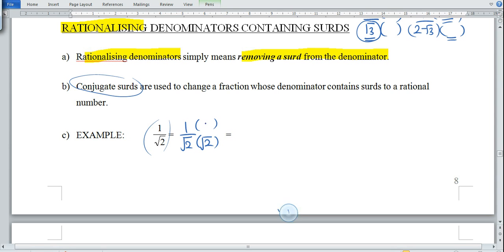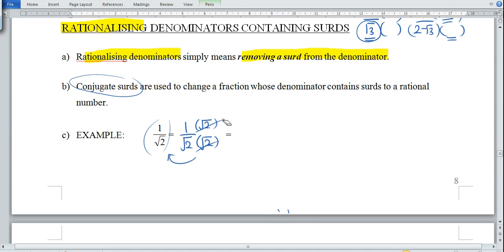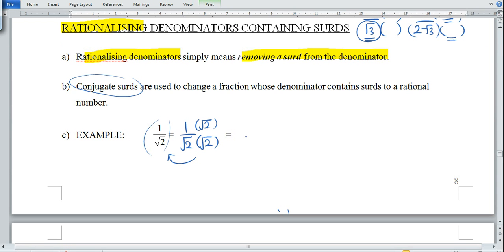So I have to multiply both the numerator and the denominator, so that if I cancel them, it will go back to the question. So my denominator will become square root 2 times square root 2, which is 2, and on top I will get square root 2.